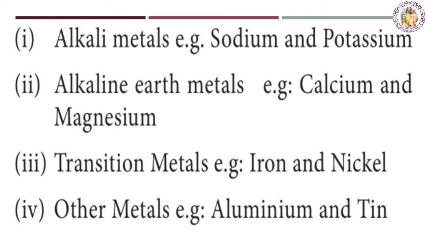These metals are presented from beryllium to radium top to bottom. Next is transition metals, example iron and nickel. These metals are group 3B to 2B. Next is other metals, example aluminum and tin, p block metals.